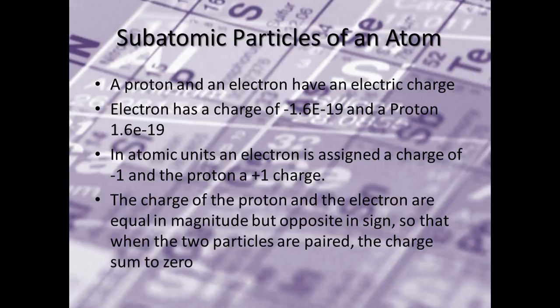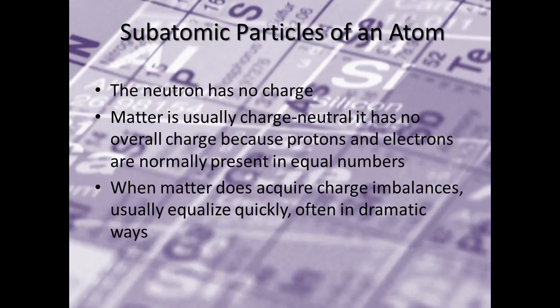In atomic units, an electron is assigned a charge of negative 1 and a proton of positive 1. The charges of the proton and the electron are equal in magnitude but opposite in sign, so that when the two particles are paired, the charges sum to 0. The neutron has no charge.